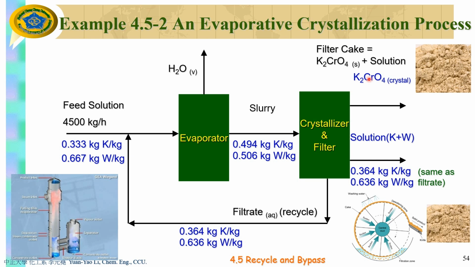It has something to do with this and this, right? So let's think of this as the filter cake, right? The total potassium chromate is 95%. So this is a specification. Let's think of one specification between these two streams.